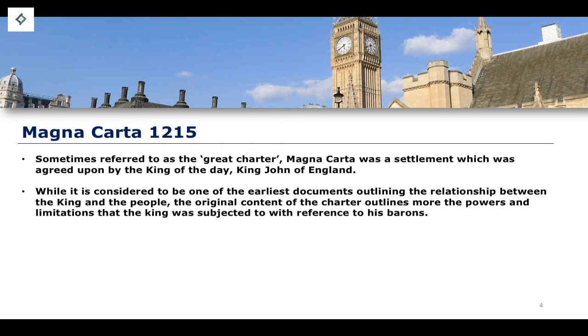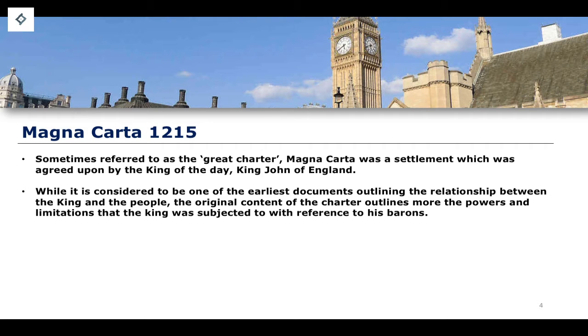While it is considered one of the earliest documents outlining the relationship between the king and the people, it's a little oversimplistic and, to an extent, inaccurate to argue that it is a relationship between the king and the people, in the sense of the general population at the time.